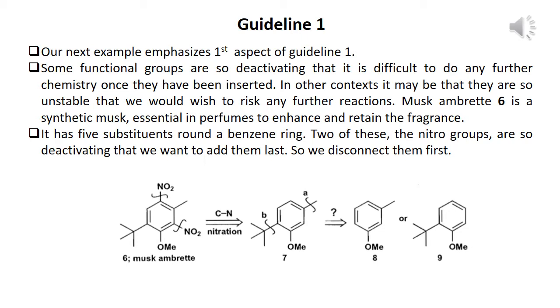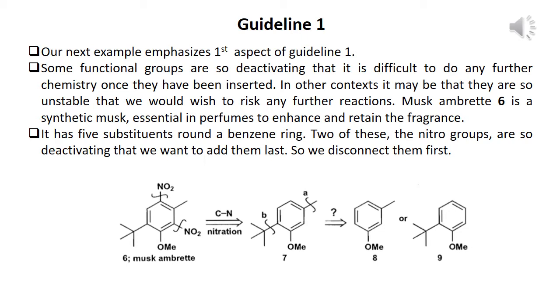Now compound number 7 has 2 possible disconnections, A and B. From disconnection of 6 we got 7, breaking the carbon to nitrogen bond, and by nitration we can generate that carbon to nitrogen bond.